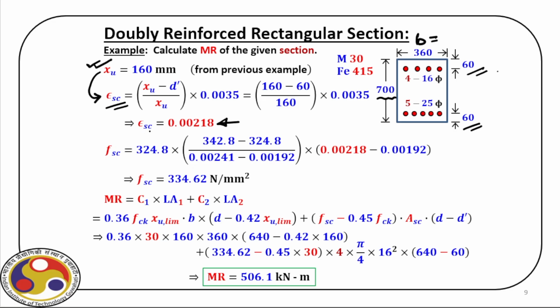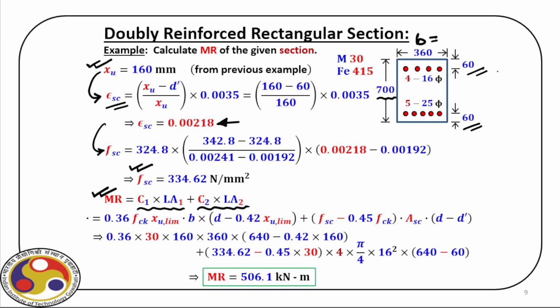Once we find out strain in the compression steel, our next task is to find out the stress in the compression steel, and that we can easily find out using interpolation that I have already explained. So ultimately what we get, FSC is equal to 334.62 Newton per millimeter square. Now once we get that, we can easily find out the moment of resistance, which has two parts, C1 times LA1 and C2 times LA2, that I have already explained.